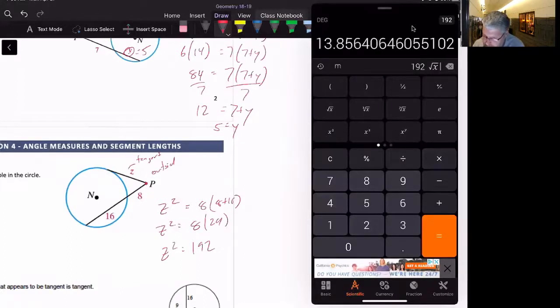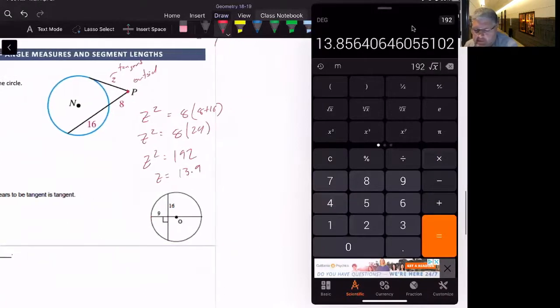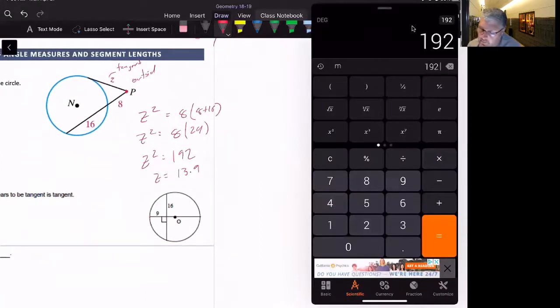So z would be the square root of that. So it'd be approximately 13.9, unless it wants it in simplest radical form, in which case you'd have to see what perfect squares 192 has in it. Well, I multiplied 8 times 24 to get there, so I know I'm going to have a 4 in there.